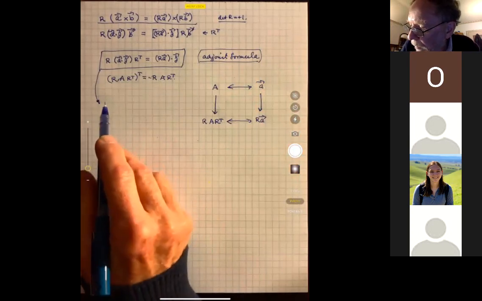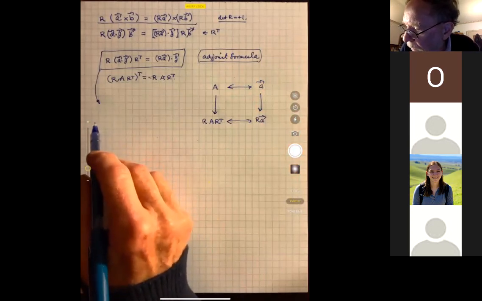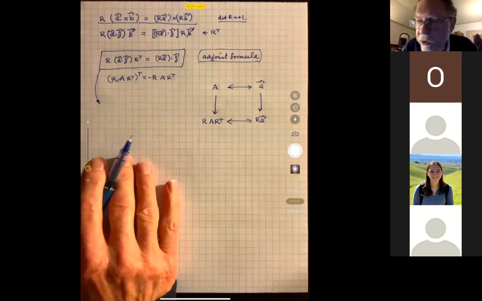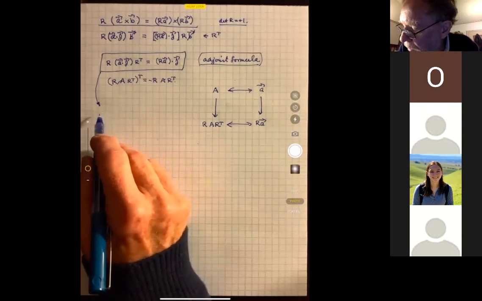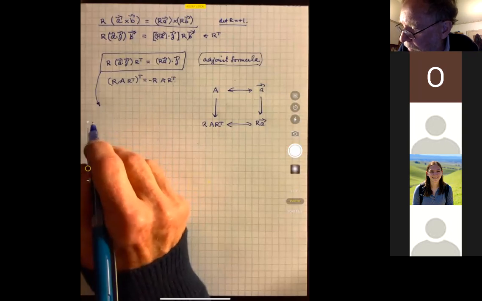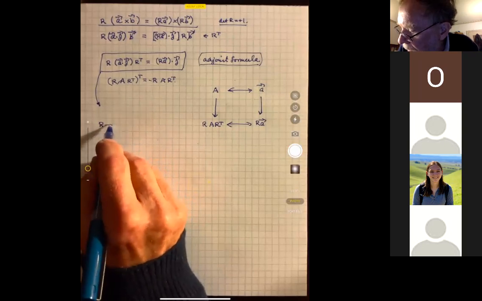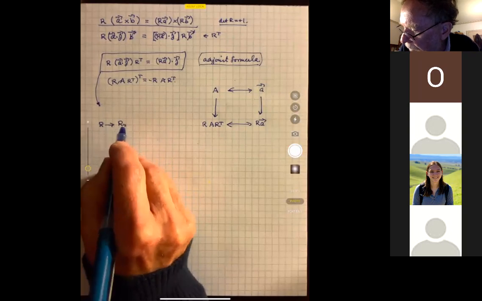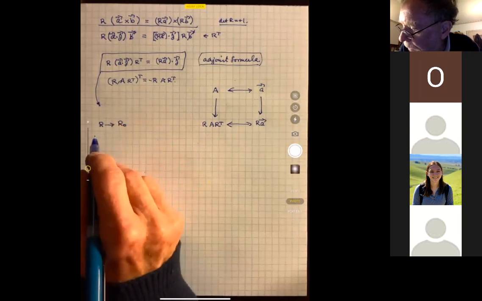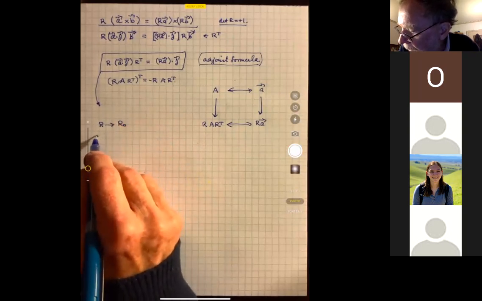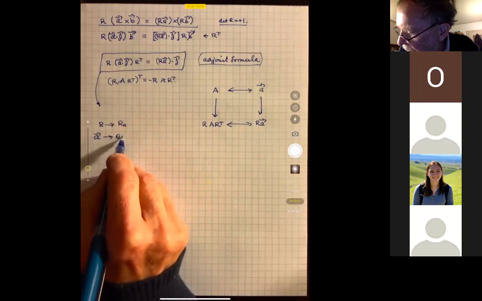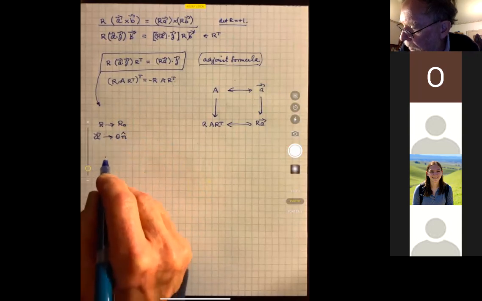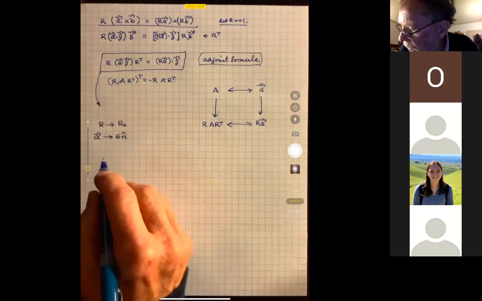I want to make an application of the adjoint formula right away, or transform it into another useful form. Allow me to first change the notation. Let's take R and replace it by R naught, because I want to distinguish it from other R's that will appear later. And let's take the vector a and replace it by theta times n hat, for some axis and angle, which of course will be an axis and angle of a rotation.